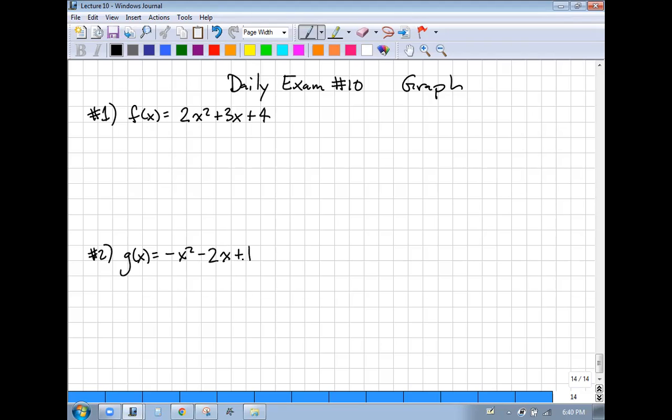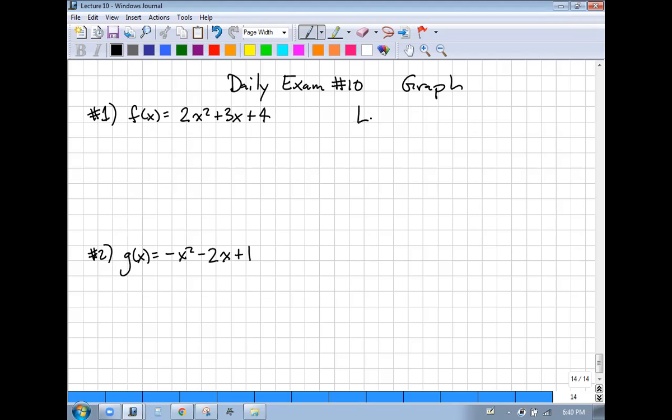Now, when I say graph, I mean, I want to know what the axis of symmetry is. I want to know what the vertex is. I want to know what the y-intercept is. And I want to know what the x-intercepts are. All right?